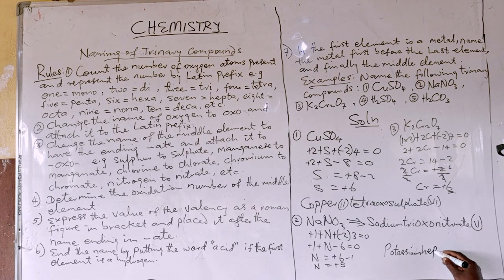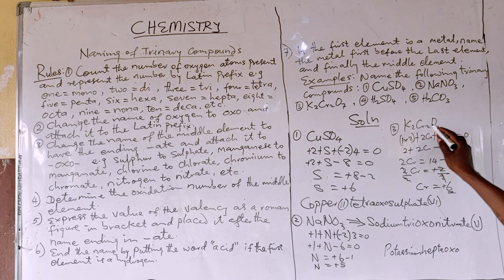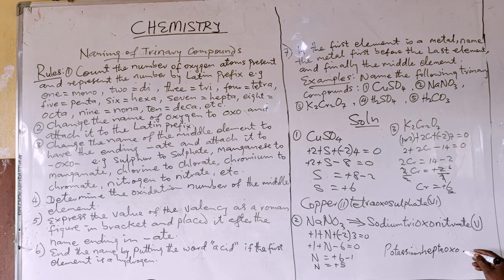Potassium heptaoxo, dichromate, because chromium here are 2. Dichromate 6. So that's the name of this compound.